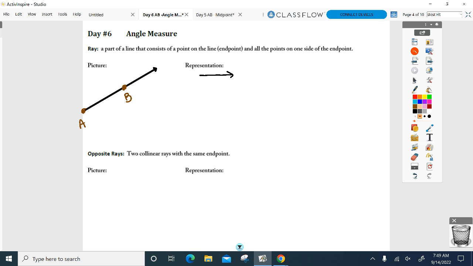But order matters now. You could name a segment AB or BA. The order never mattered. Now it does. You have to put the endpoint first. So this is ray AB. You cannot call it ray BA. The endpoint must go first.